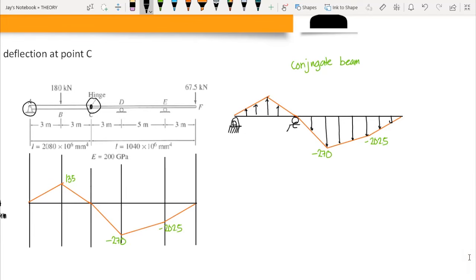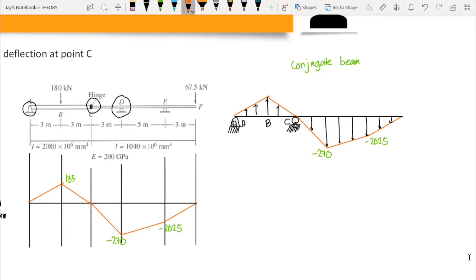If you do not know, I have explained why these supports change to different supports when we are converting to the conjugate beam. So this one is C, this one is our A, B, and D here is an interior roller. That means that would change to an internal hinge.